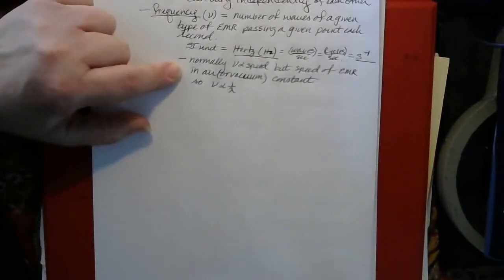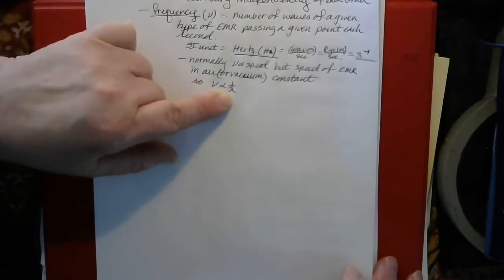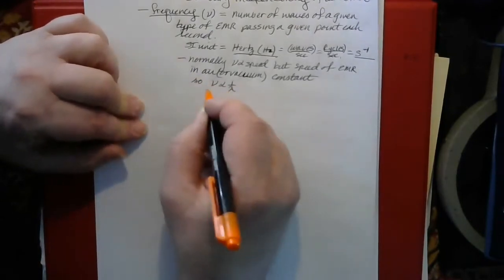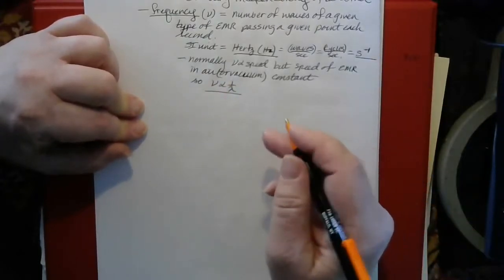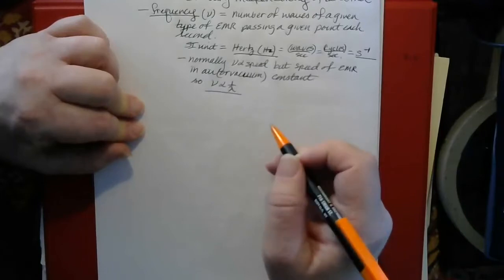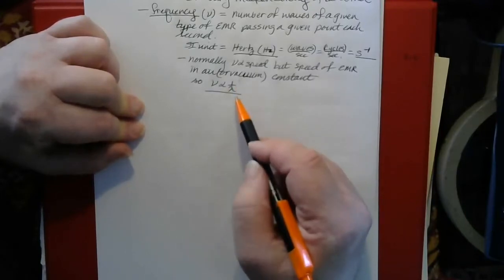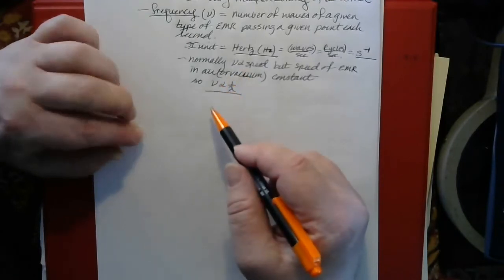And so what it ends up is, because the speed of light is constant and all electromagnetic radiation travels at the speed of light, frequency in practice is proportional to 1 over the wavelength. So in other words, wavelength and frequency are inversely proportional to each other. So the greater the frequency, the shorter the wavelength. The longer the wavelength, the smaller the frequency.